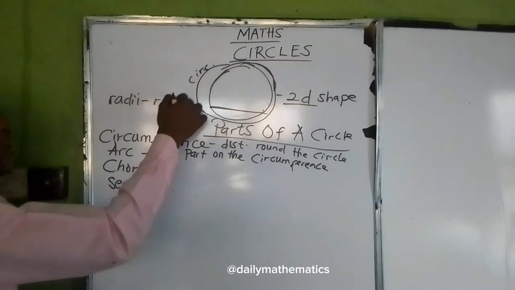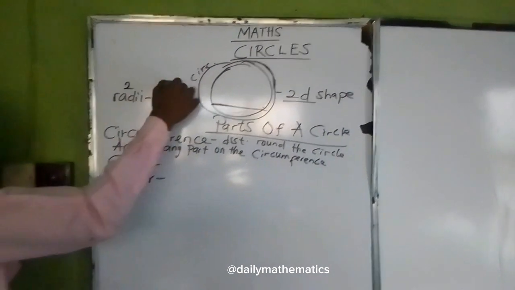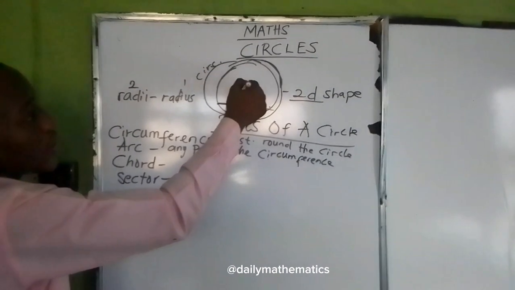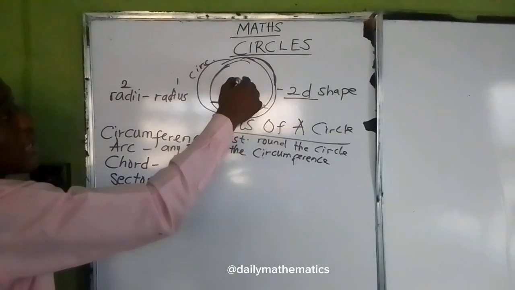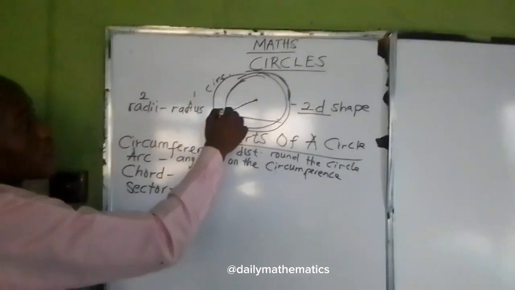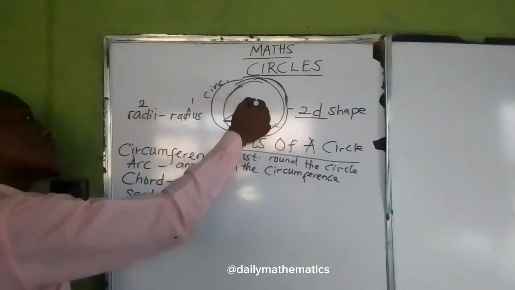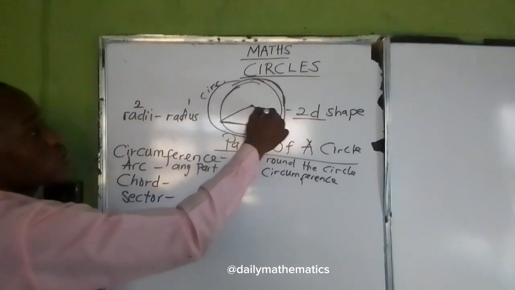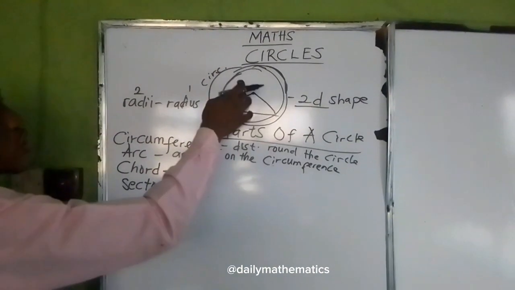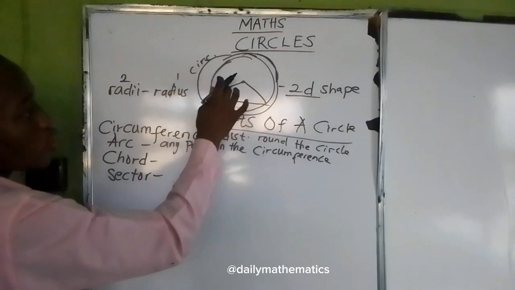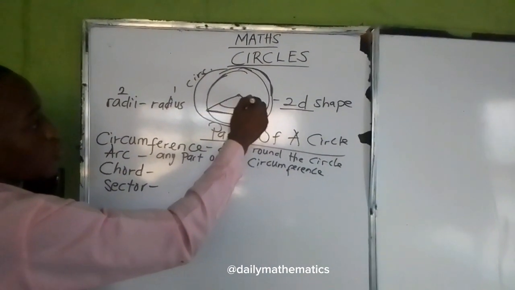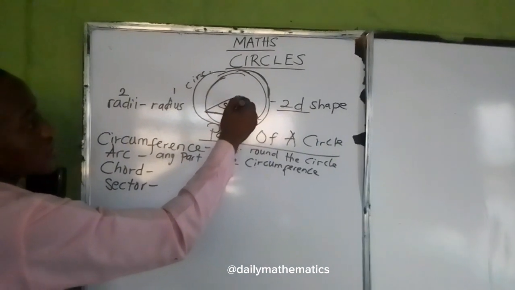So radius is 1, radii is 2. A radius is a line from the center of the circle to the circumference. So from here to here is your radius. This area bounded by two radii is called a sector.